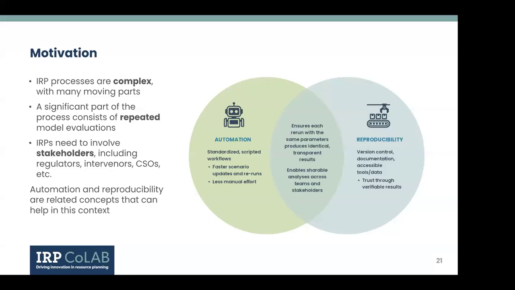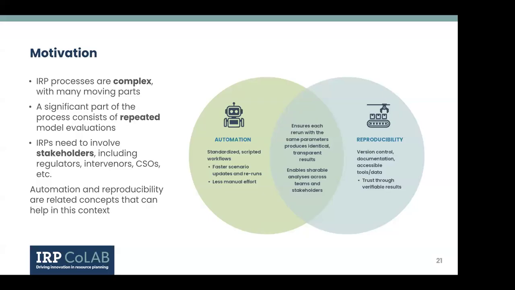For reproducibility, I think it's important to make a distinction between internal and external reproducibility. Internal reproducibility means: can you, within your utility or within your regulator, or whoever is doing a part of the analysis, easily reproduce a part of an analysis that has been done before? That's obviously usually a first step.